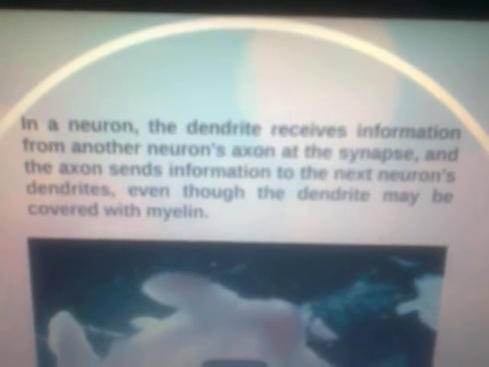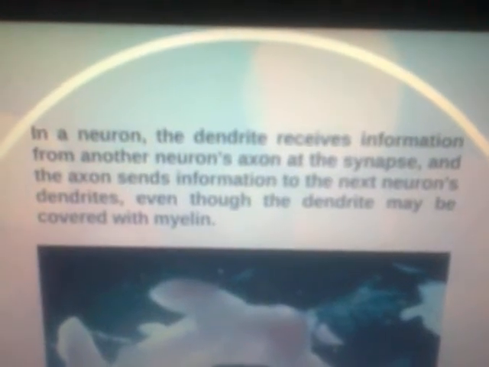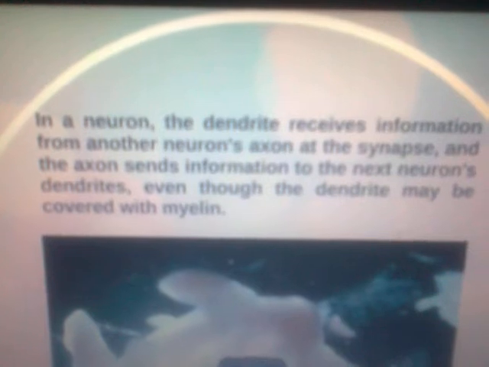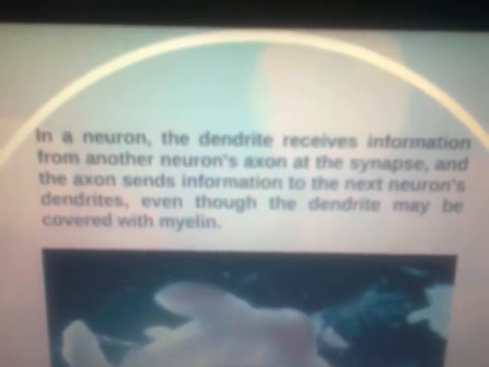In a neuron, the dendrite receives information from another neuron's axon at the synapse, and the axon sends information to the next neuron's dendrite. Ends of the dendrite may be covered with myelin.